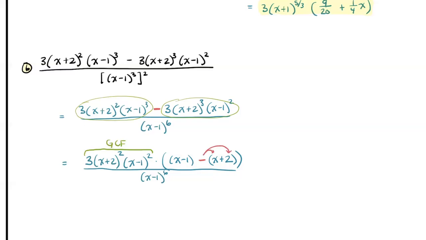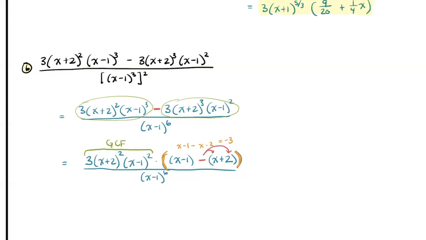So this is going to be x minus 1 minus x, and then minus 2. That's what will be inside of these parentheses. Now x minus 1 minus x, so the x minus x cancel out, and then we have negative 1 minus 2, and so that's negative 3. So that whole thing in those orange parentheses is just going to end up being negative 3.